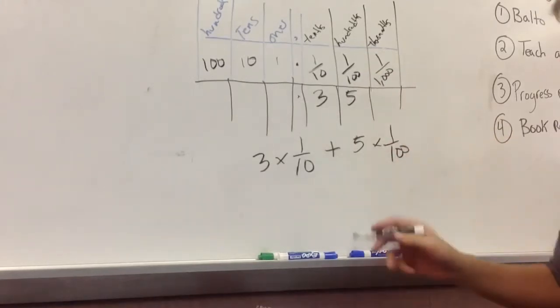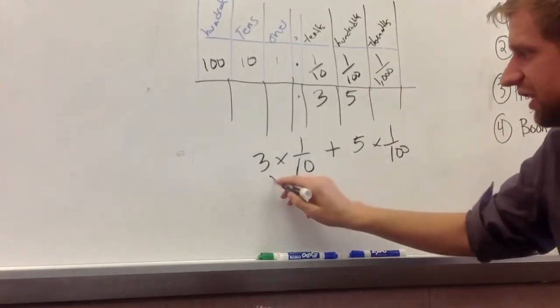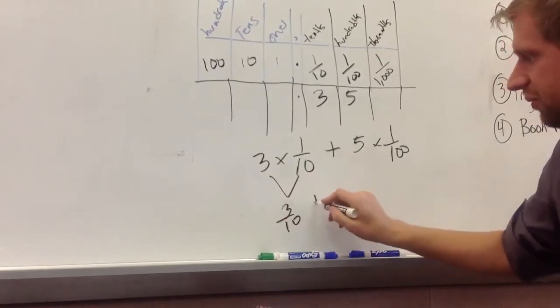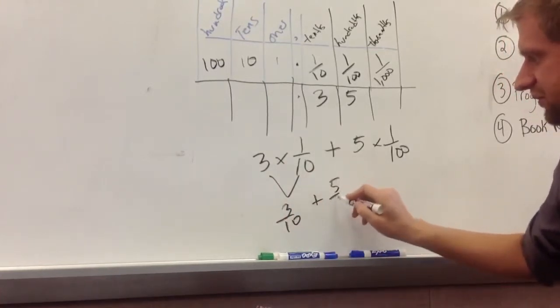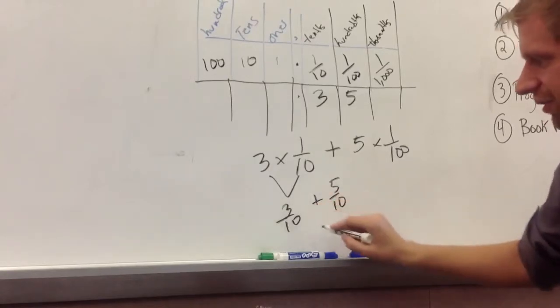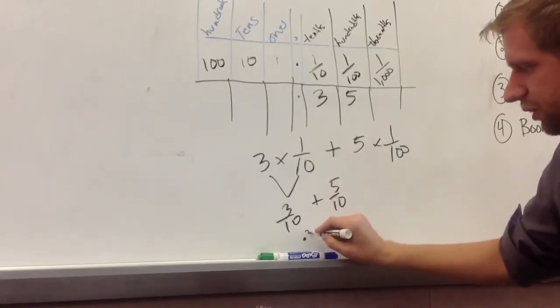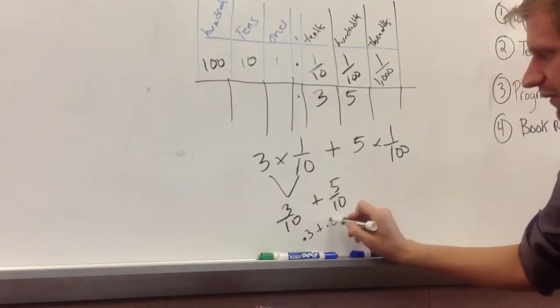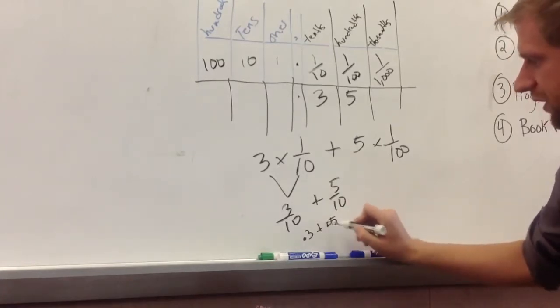And that's your answer. And if you were to actually break these down, you would see that 3 over 10, 3/10ths, equals 0.3, plus 5 over 100, which equals 0.05.